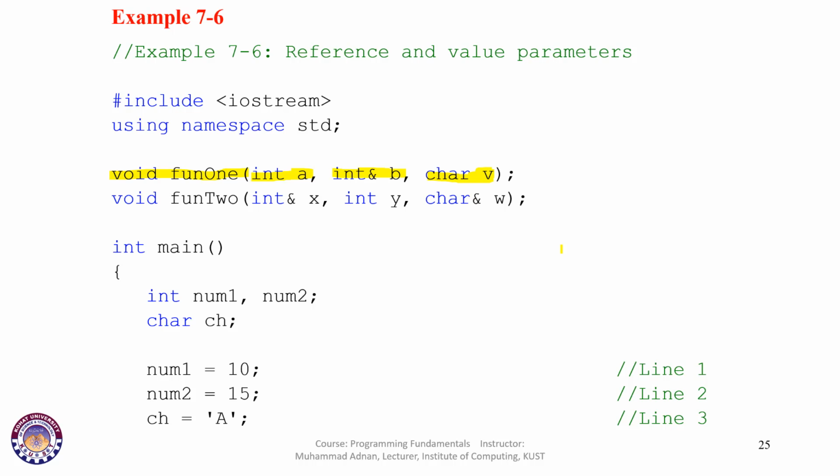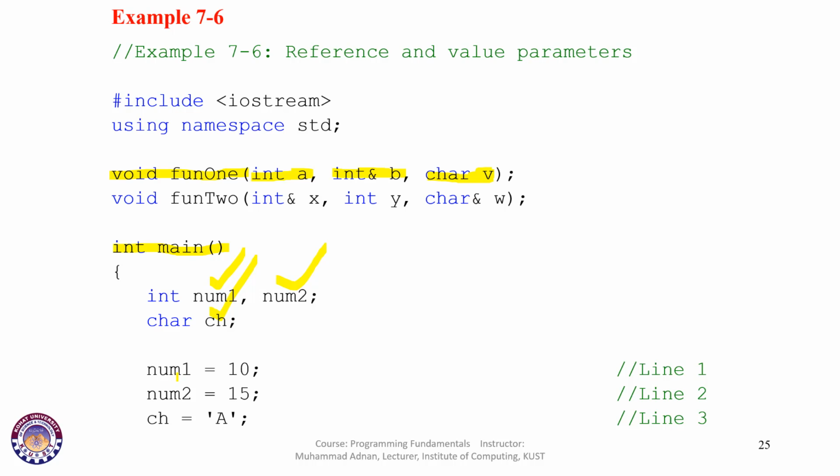Okay, we start our main program by using this main function, and then we declare two variables, num1 and num2, and then we use another character variable ch. Num1 and num2 are integers, whereas ch is a character. We assign some data to num1.